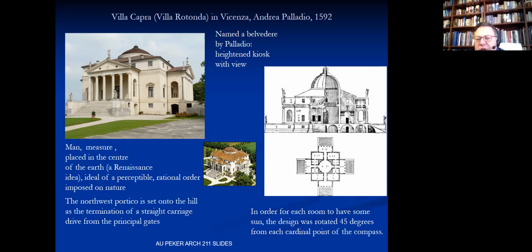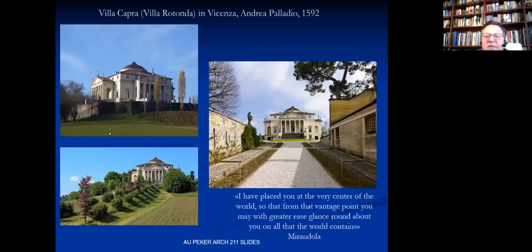In order for each room to have some sun, the design was rotated 45 degrees from each cardinal point of the compass. Every architect knows this, and it's a good idea. And this is the topic I have just introduced, routes leading from the gates to the villa. Inside gardens, you have an order imposed on nature.